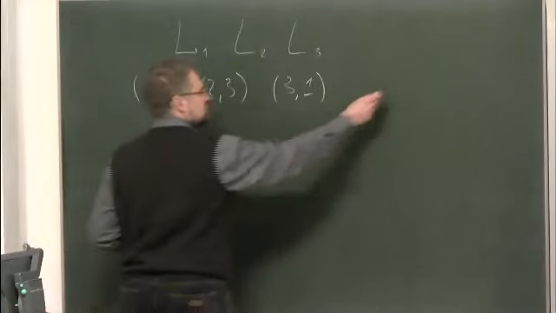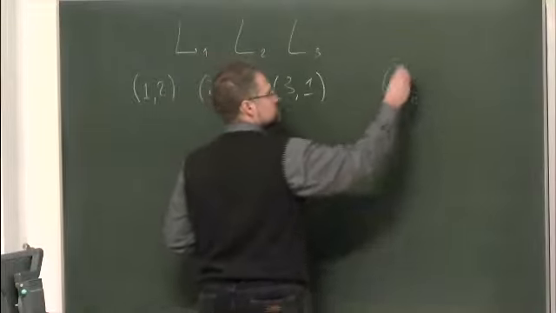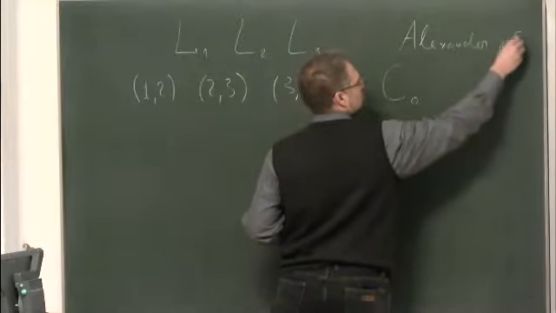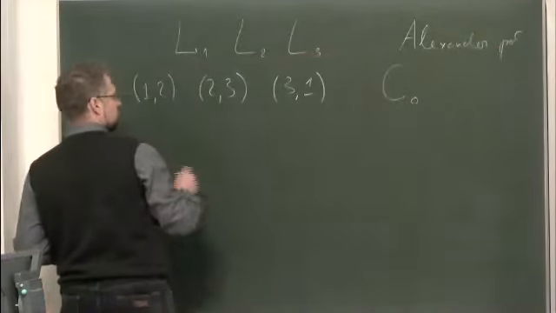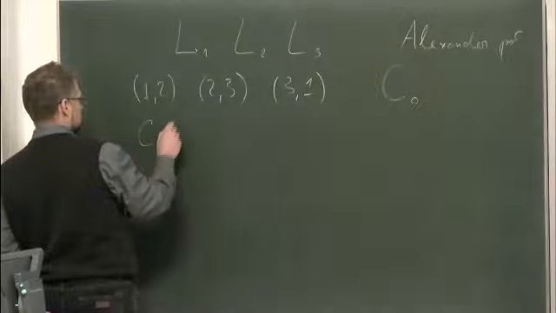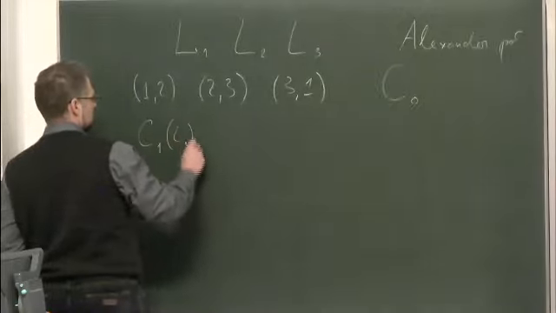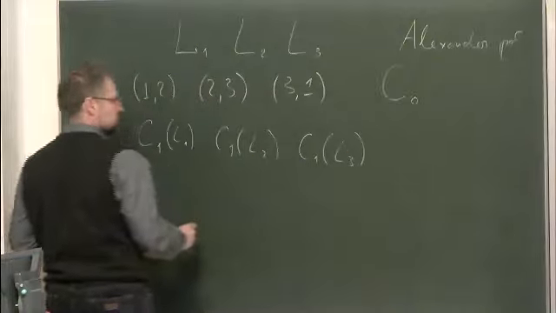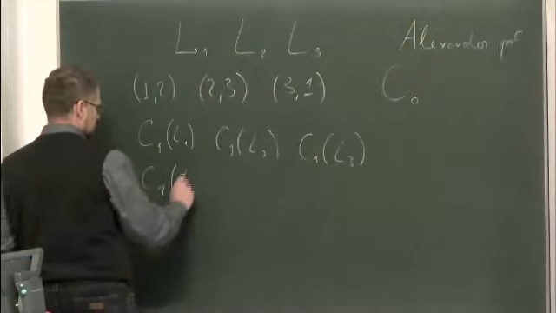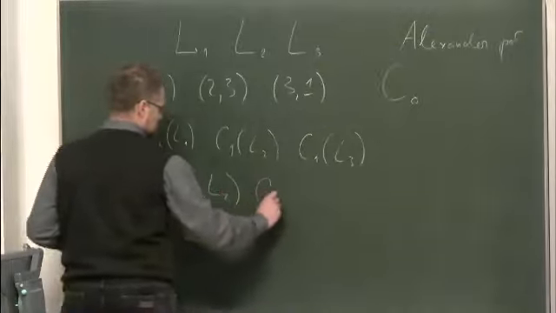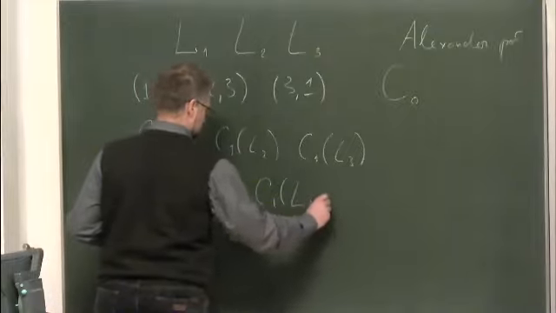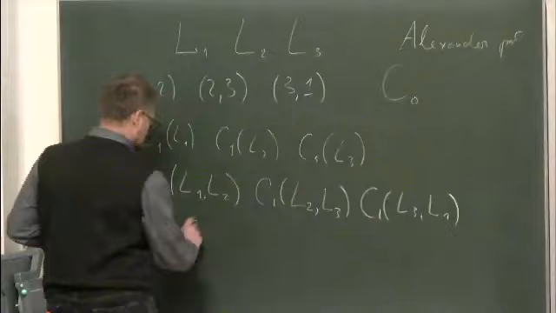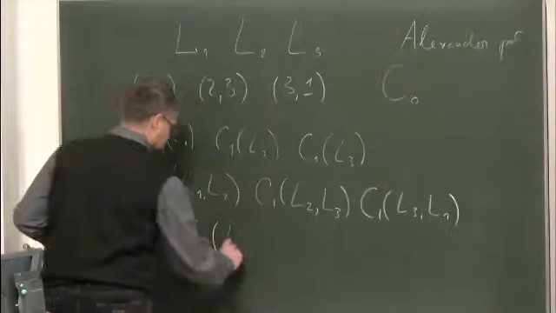This is the first coefficient in the Alexander polynomial. Then we have the coefficient C1 of L1, C1 of L2, C1 of L3. Then we have a coefficient of the pair. Then we have a coefficient of the triple.